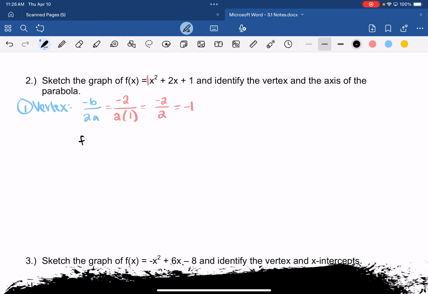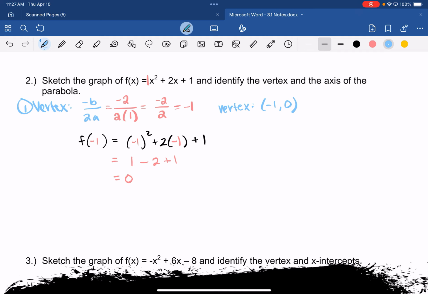So I'm going to plug it in. Okay, so my vertex will be negative 1, 0.